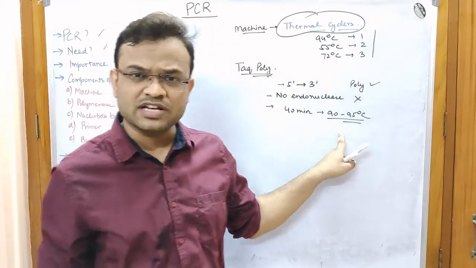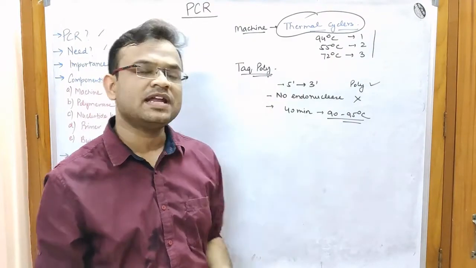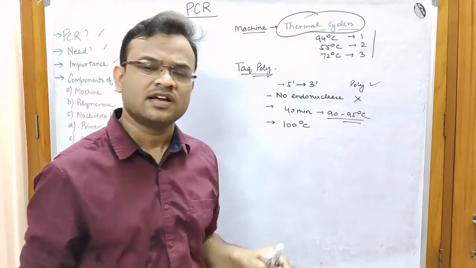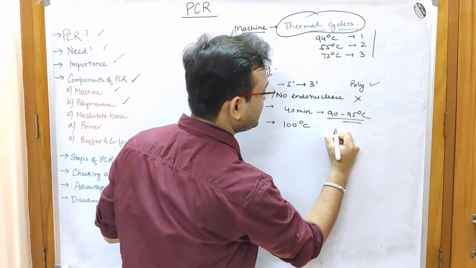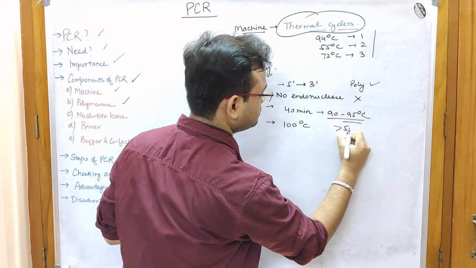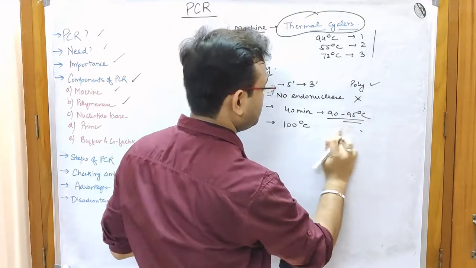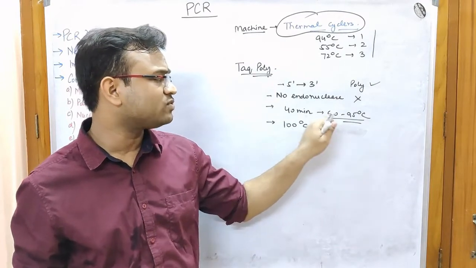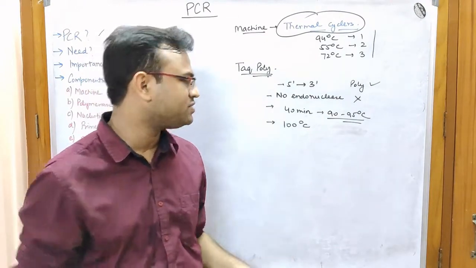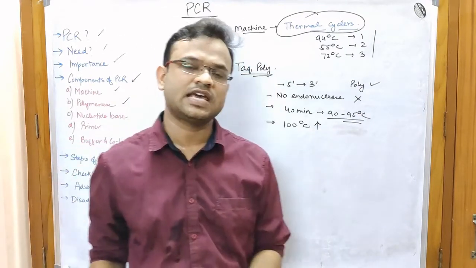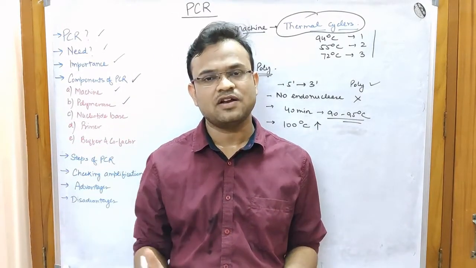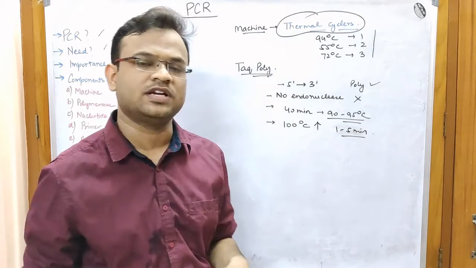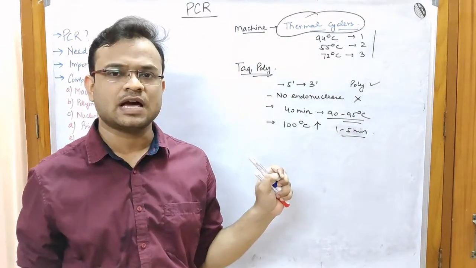But as you increase the temperature to 100 degrees centigrade, the stability would drop down to less than 5 minutes. So you can say that 1 to 5 minutes, right?